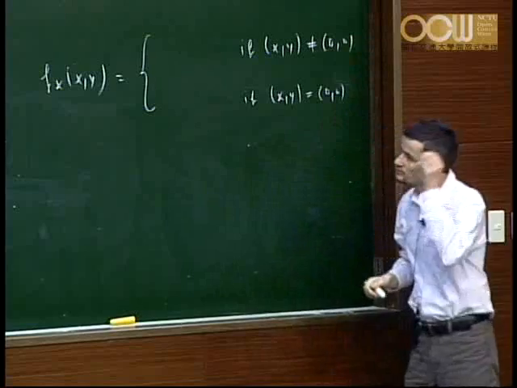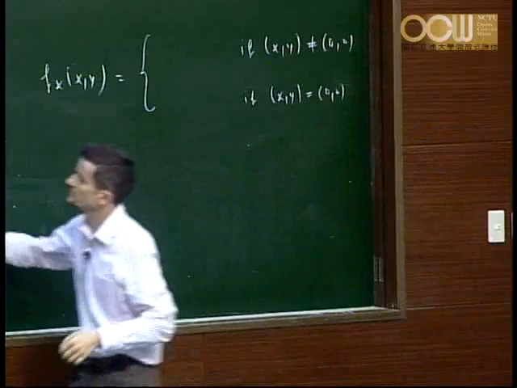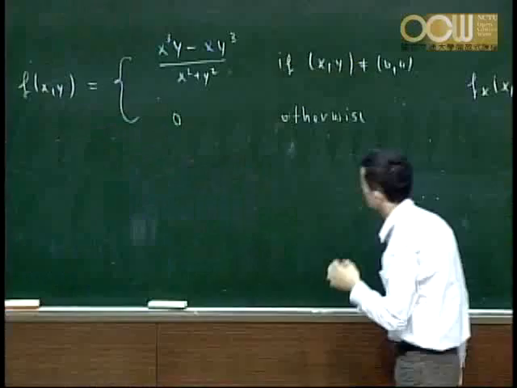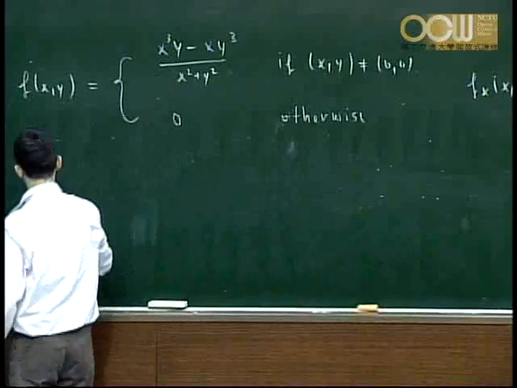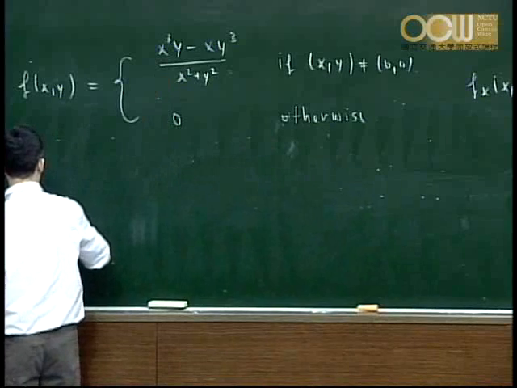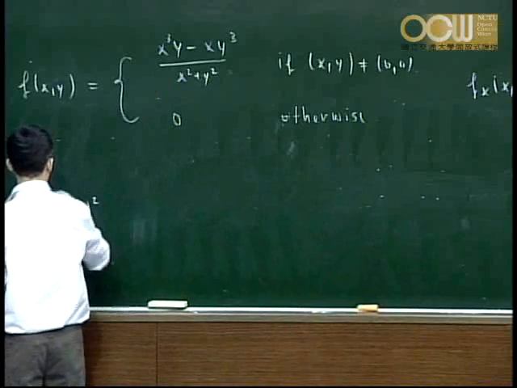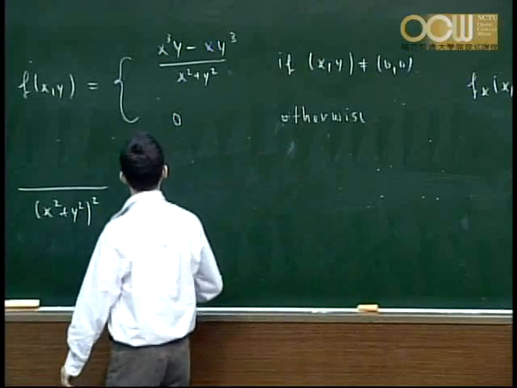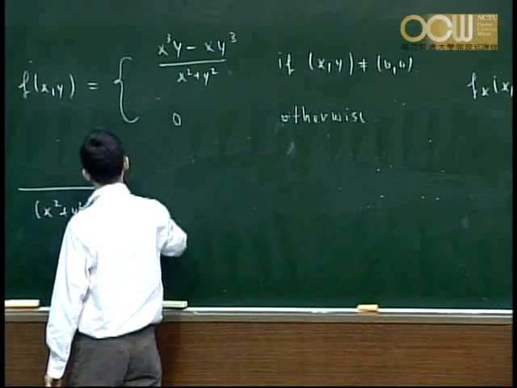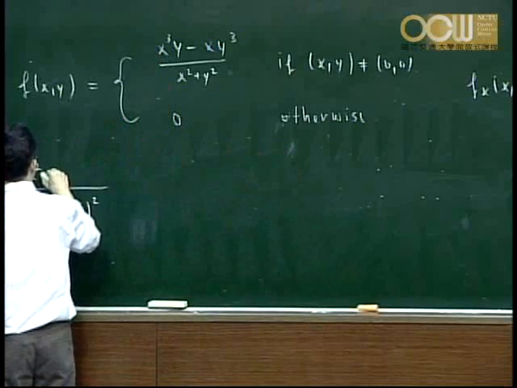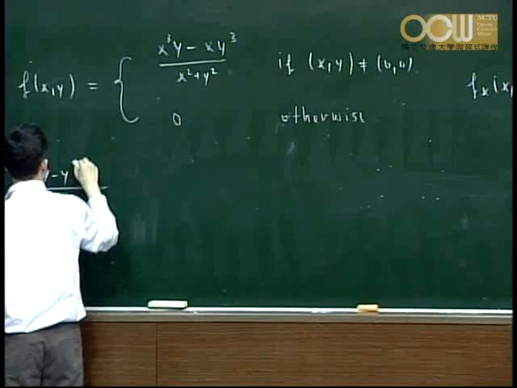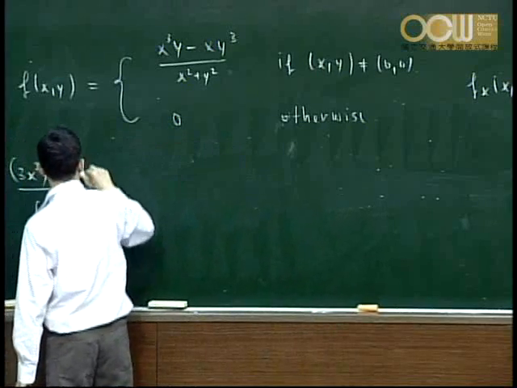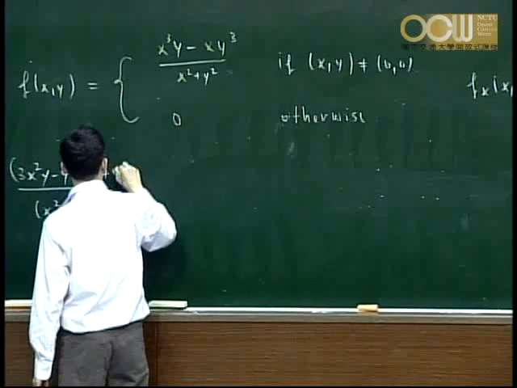If (x, y) is not equal to (0, 0), we can use this expression here. Then we take the partial derivative with respect to x of this expression. So what do we get? We have x squared plus y squared, squared. Now, with respect to x, we get here 3x squared y minus y to the cube, times x squared plus y squared.